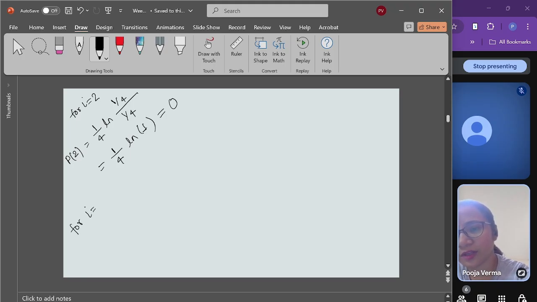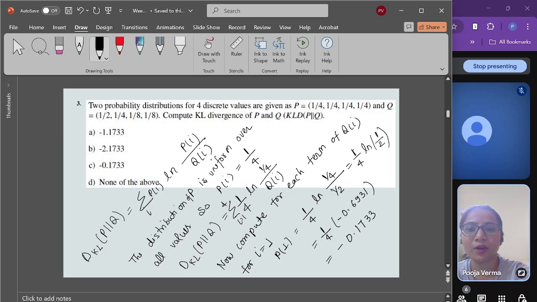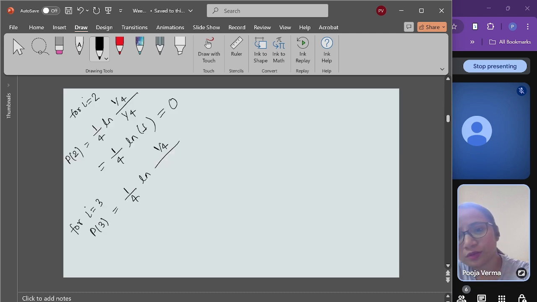Now calculate for i equal to 3. So here you will get P3. So it is 1 by 4 ln 1 by 4 divided by Q3. What is the value for Q3? Let's see. It is 1 by 8, and for Q4 it is also 1 by 8. P3, P4 values are same, so you will get the same values. So 1 by 4 ln 2, right?